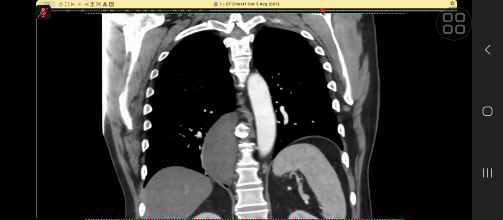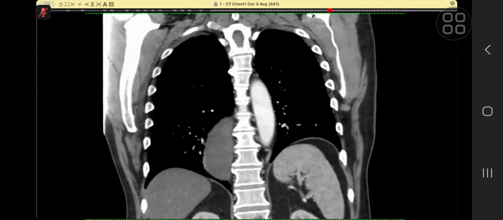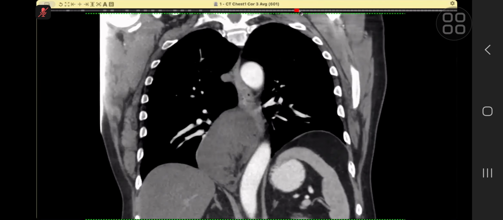Okay, conclude it. Final diagnosis. There is a lesion with a fluid and fat component within it in the posterior mediastinum, which seems to be extending into the abdomen as well.